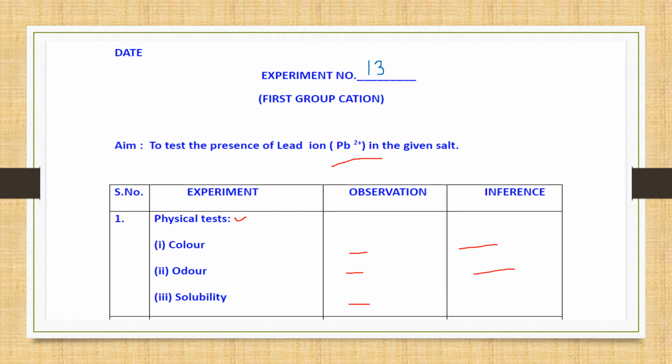Take a small quantity of the salt and mix it in water, shake it properly and see. It should be soluble. If not completely, then it should be sparingly soluble. Only then can you carry out the test by making an aqueous solution. And then you will write the inference accordingly here that the salt is soluble.